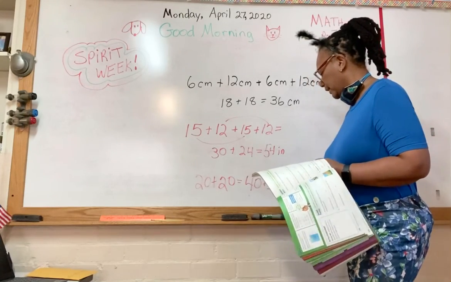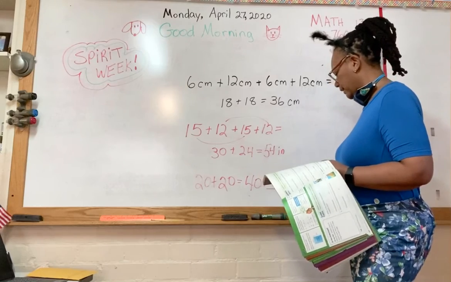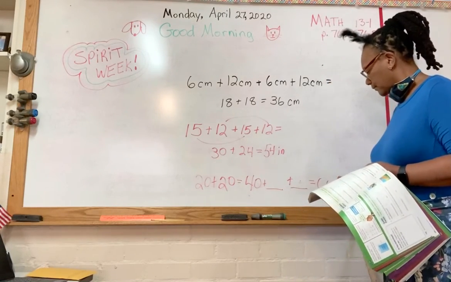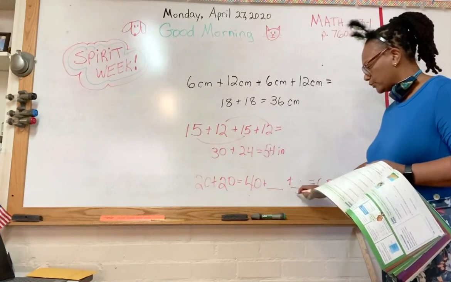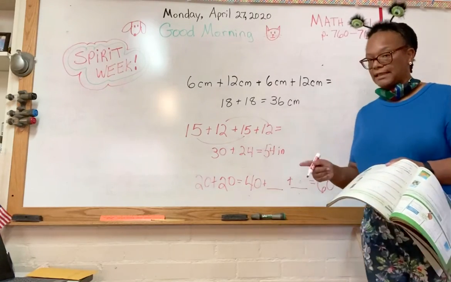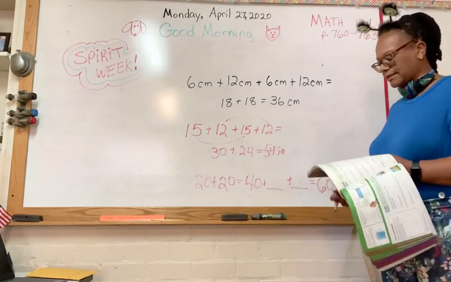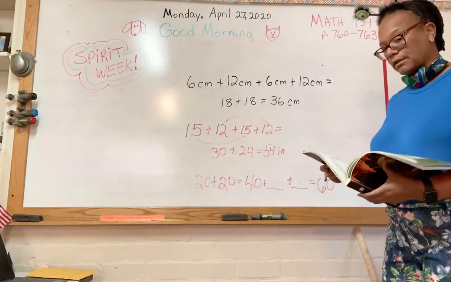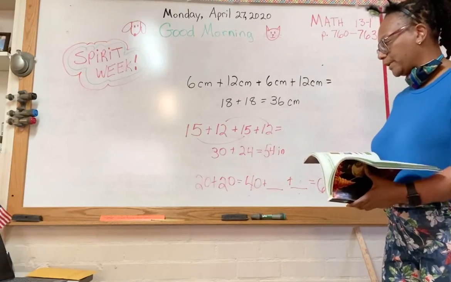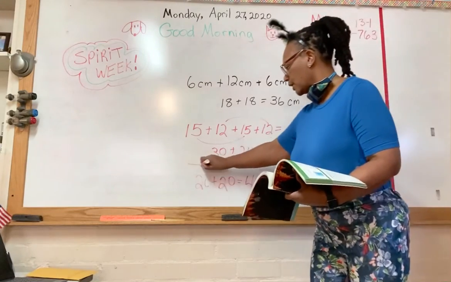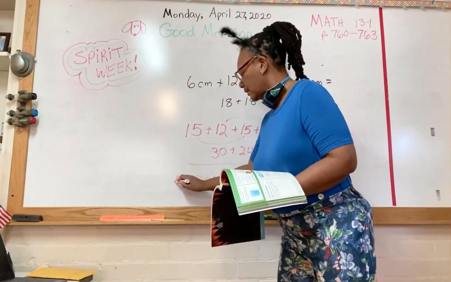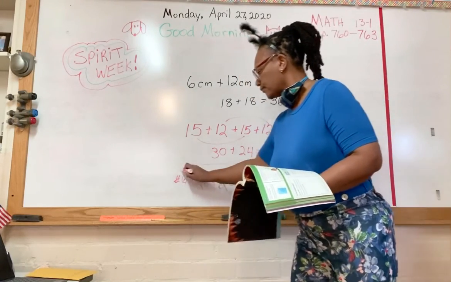So blank plus blank equals 60. So figure out what those two numbers are. They have to be exactly the same, and then it adds up to 60. Let's see who could get that, what the shorter side will be. And this is number 6.